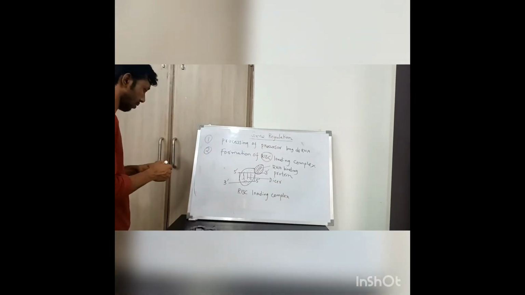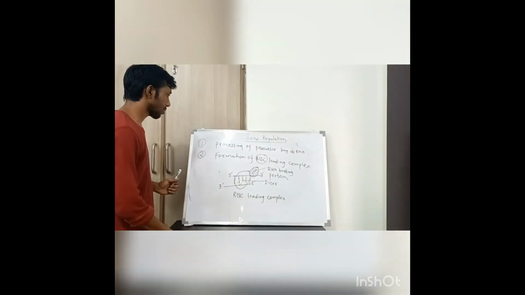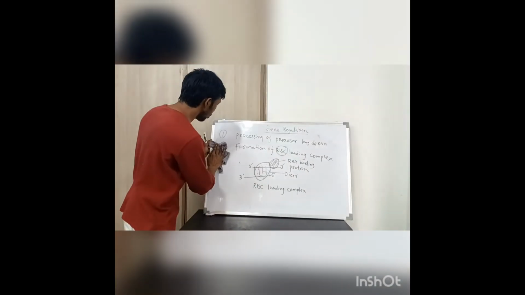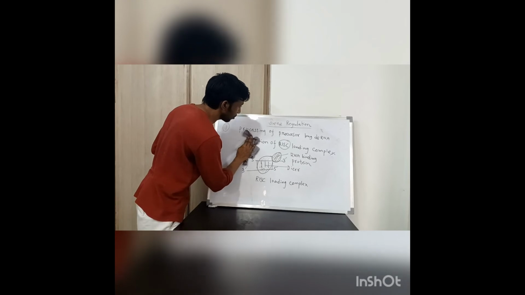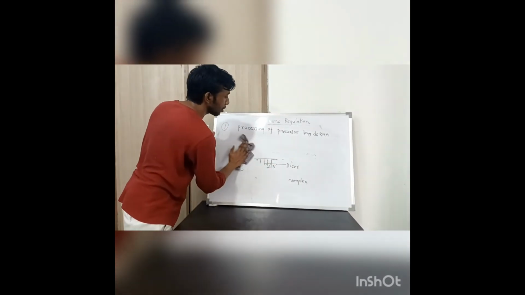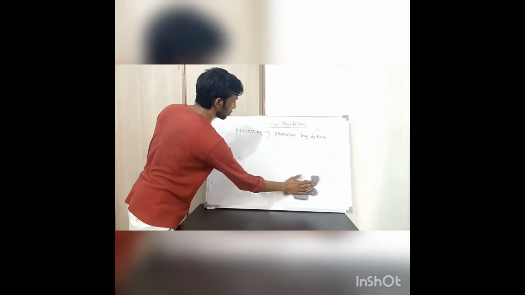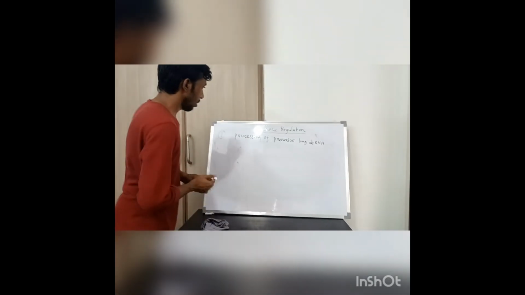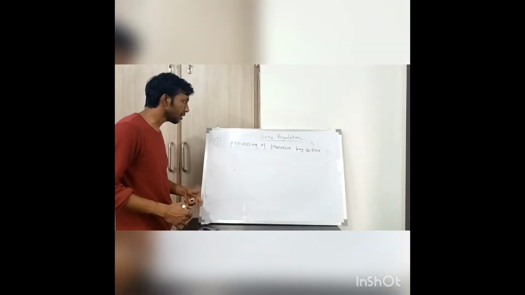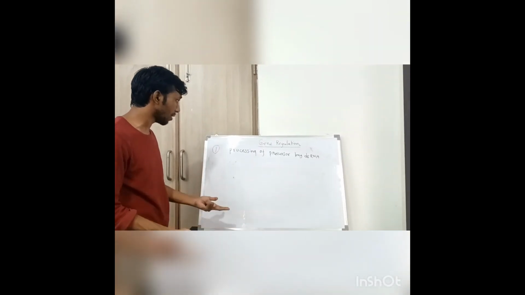So after the formation of this loading complex, now we will discuss how this loading complex will help to reach the RISC. Now I think you all are very curious to know what RISC is.